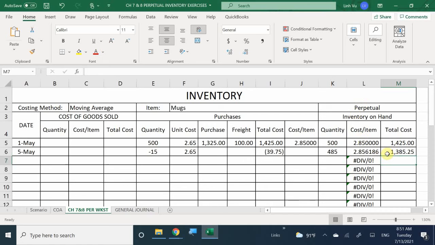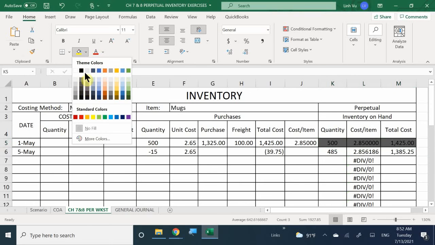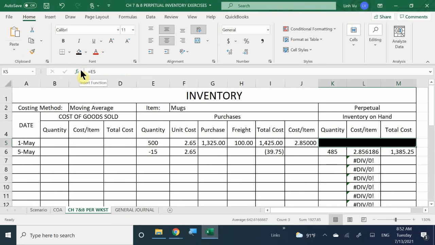1,385.25, right? So now that's going to bring my new average cost up by 0.6 of a penny. I no longer have 500, nor do I have 1,425. It doesn't exist anymore because I returned 15 items. So I'm going to be moving along, and I also use cell references, so this is why I can't delete it.